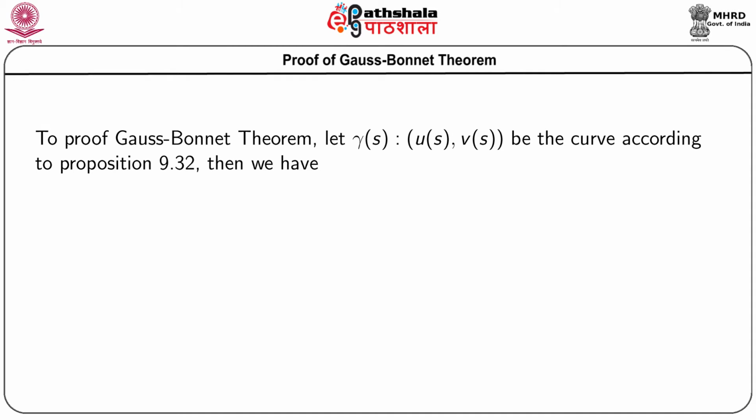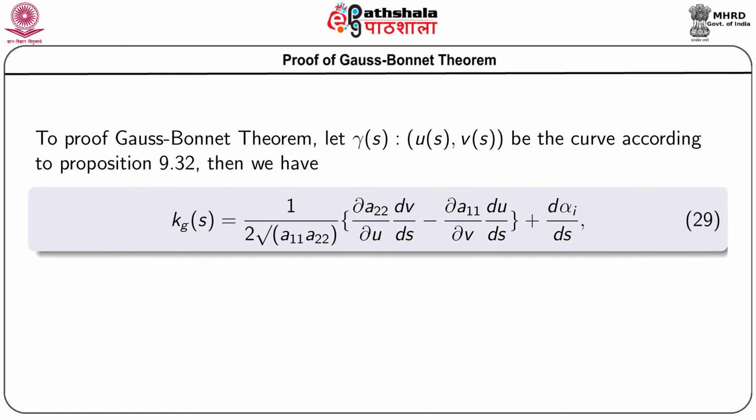Now, to prove the Gauss-Bonnet theorem, let gamma(s), that is u(s) and v(s), be the curve according to proposition 9.32, and then we have the geodesic curvature of the arcs of this gamma equal to 1 by 2 root A11 A22, and within the second bracket, del A22 by del u dv ds minus del A11 by del v du ds, plus d alpha_i ds.